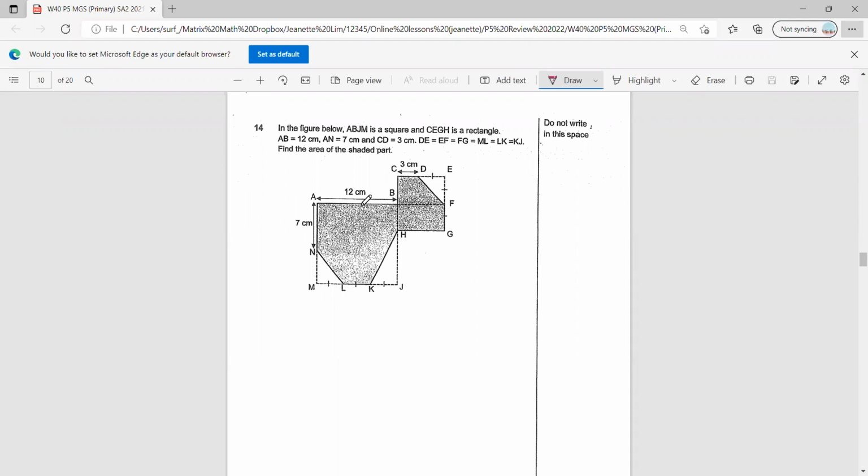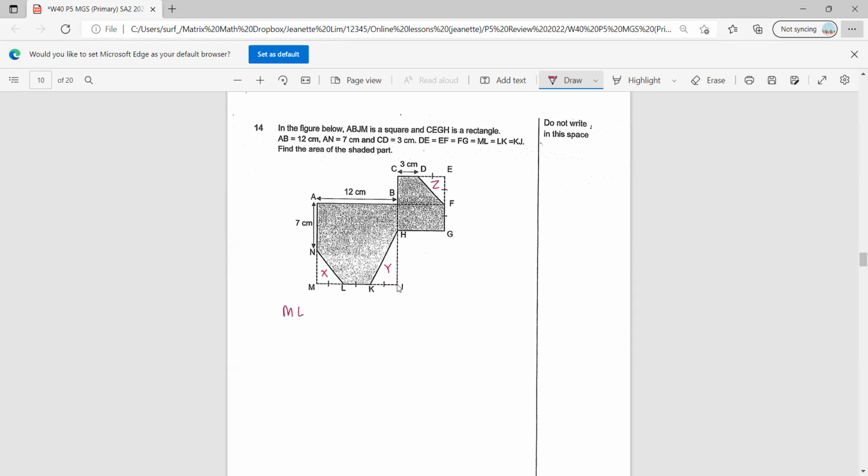Okay, so I have to find the area of the whole thing, right? The big square plus the big rectangle, then minus away the triangle, minus triangle, minus triangle. Let's name these X, Y, Z. To find X, I need the base, which is this, and these 3 sides are equal, so 12 divided by 3 first.